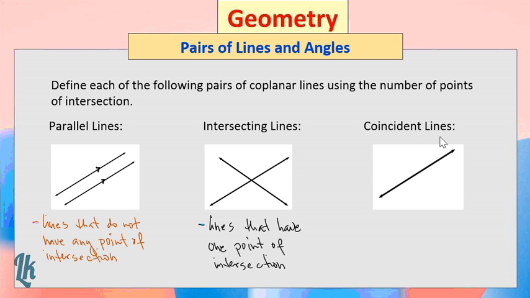When the two lines are coincident, then they have an infinite number of common points.